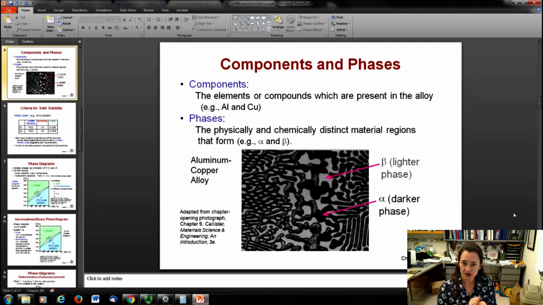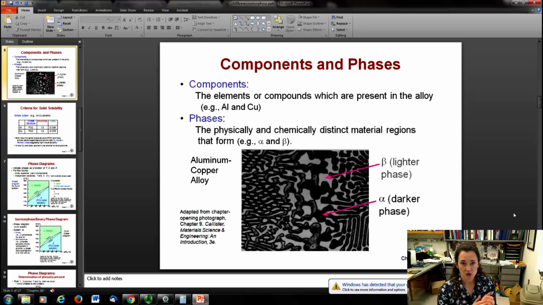And you can see here, it's kind of a cool looking picture actually, that there's two different phases present. One of the phases shows up as darker than the other. So the alpha phase actually has a dark color to it, and the beta phase is a lighter color. And this is, I believe, from an SEM image, a scanning electron microscope image of the two phases.